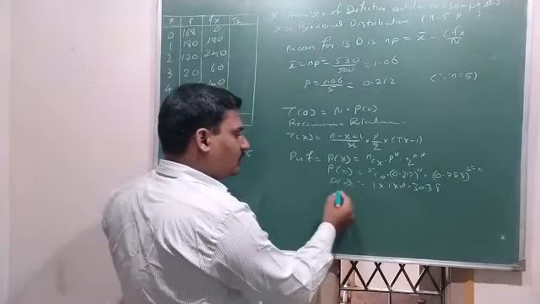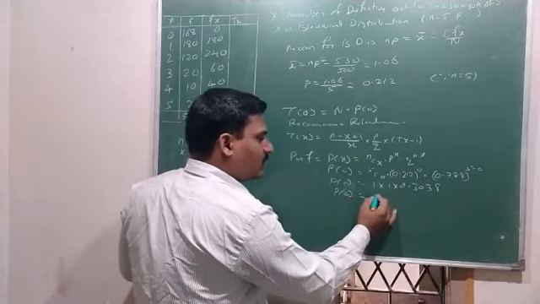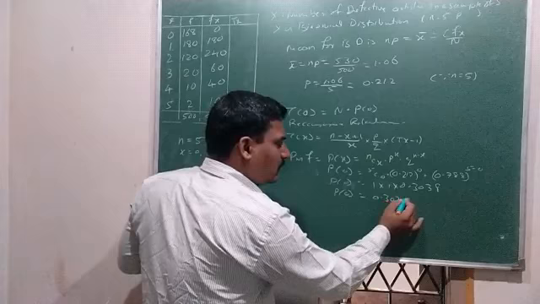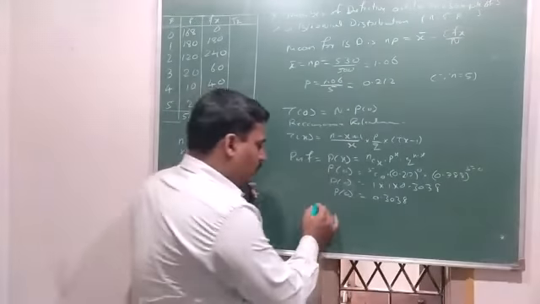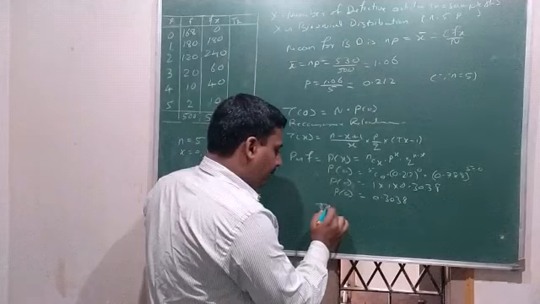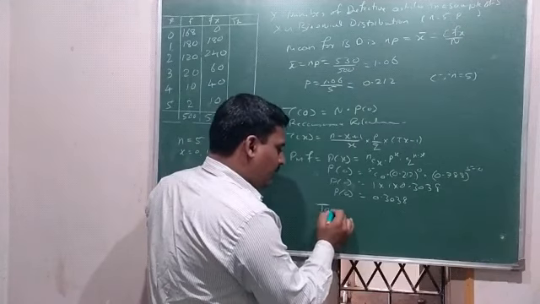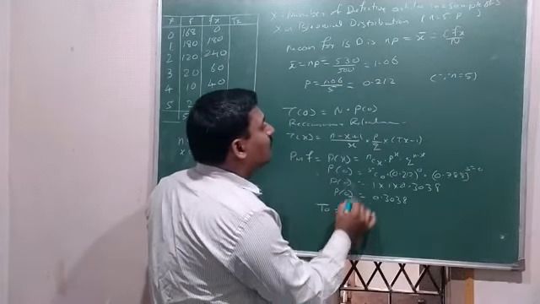P of 0 is equal to 0.3038. So the first probability term, T naught, is equal to n into P of 0.